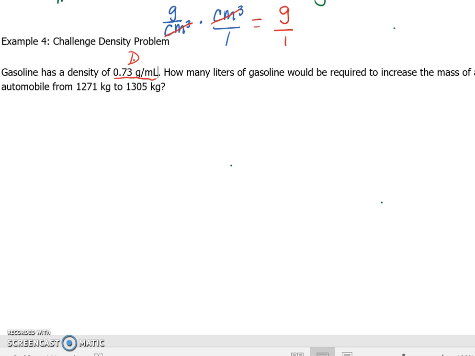Okay, so I have density. I'm looking for how many liters. Liters is a unit for volume, so I'm trying to find a volume.